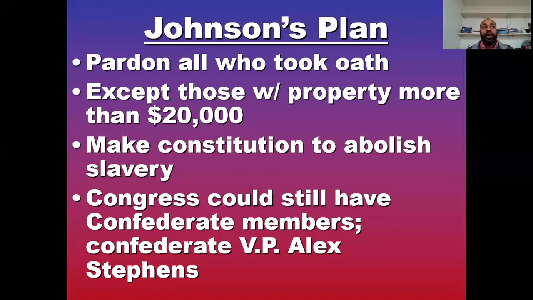Okay, let them go back to the state parties and everything else, which are majority Democrats. So Johnson gave a wink and a nod to the Democratic Party to let those former Confederate officers go back into the state governments and come back to Congress, and only block certain millionaires that supported the war.